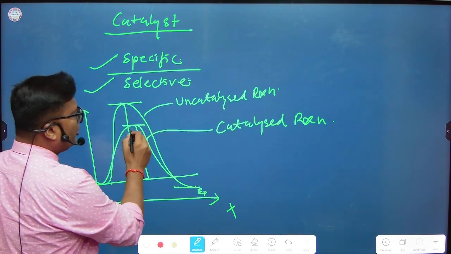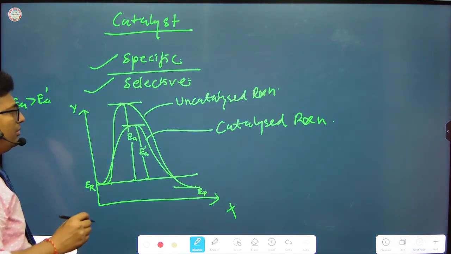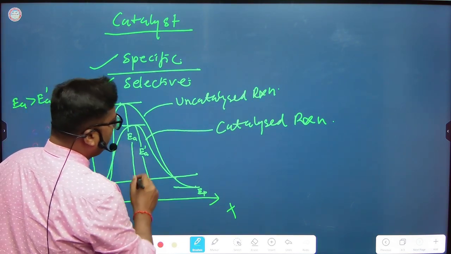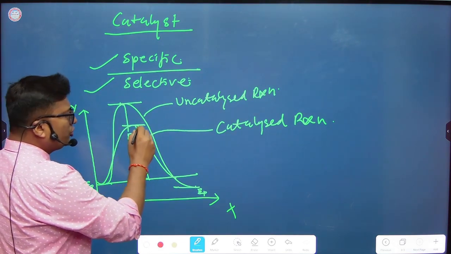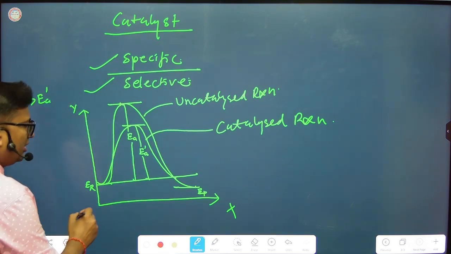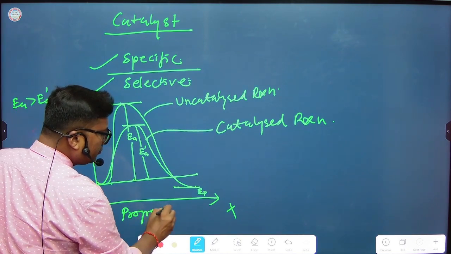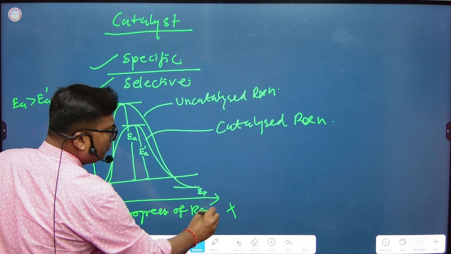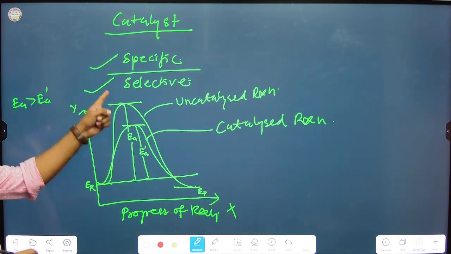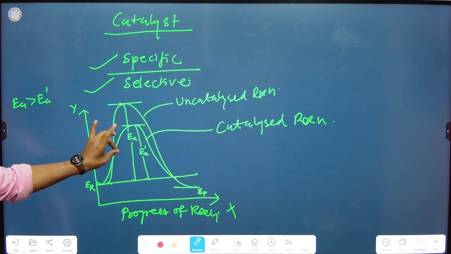And if this transition state is weak, then it will easily decompose into products, right? This is the progress of the reaction. So the role of the catalyst is to reduce the height of the energy barrier, right?